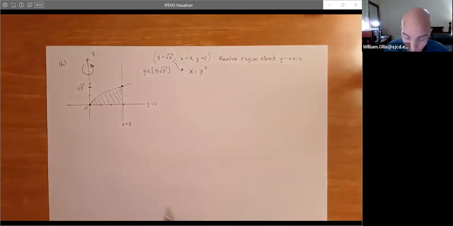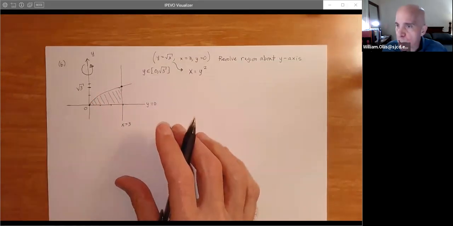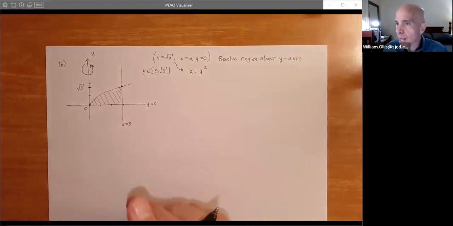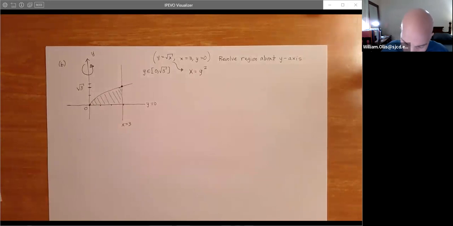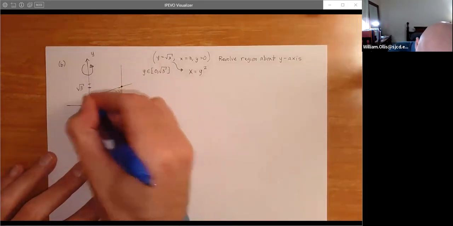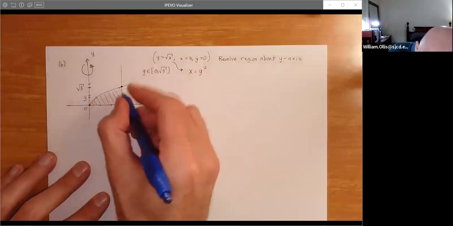So now what we want to do is revolve this region, but notice the region here does not abut the axis of revolution throughout the region like we had with the first example. So what we can do is take some y that lives between 0 and root 3, and draw a strip, draw a rectangle.